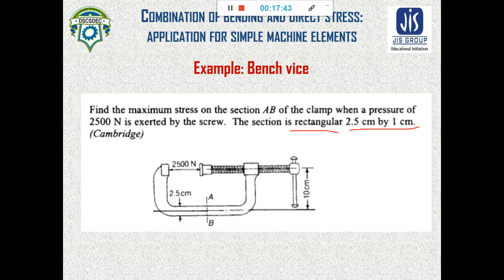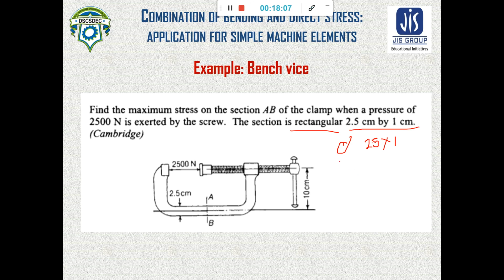So let's do this problem. What will be our step 1? As per step 1, the area is 2.5 into 1 cm square. This is our area of cross section.